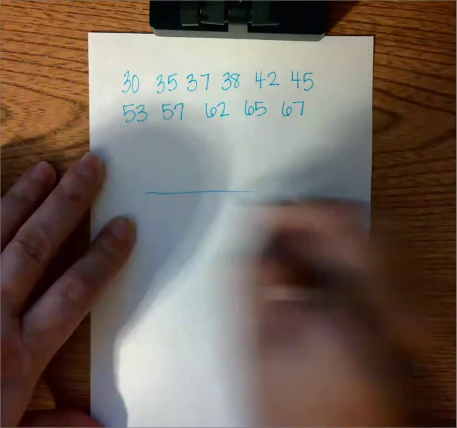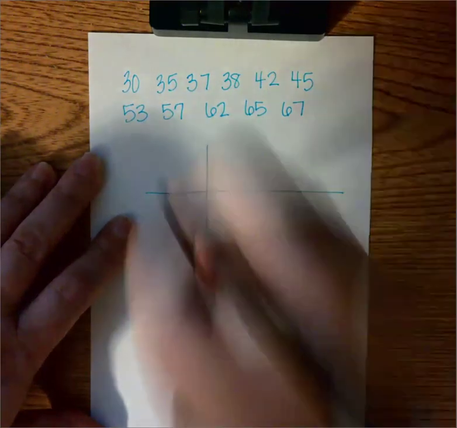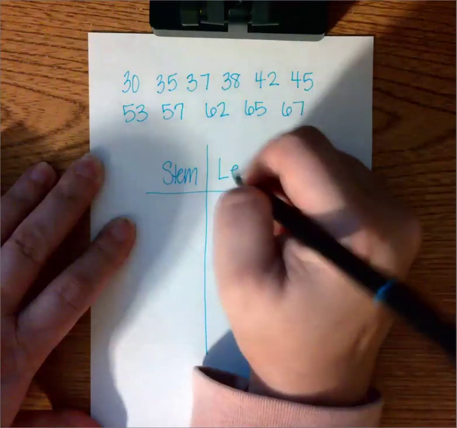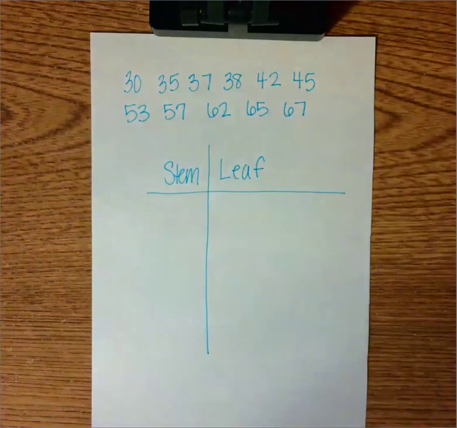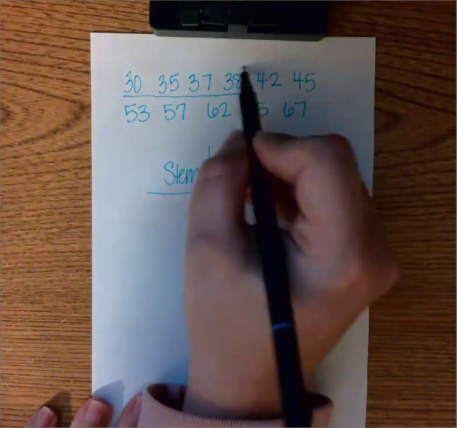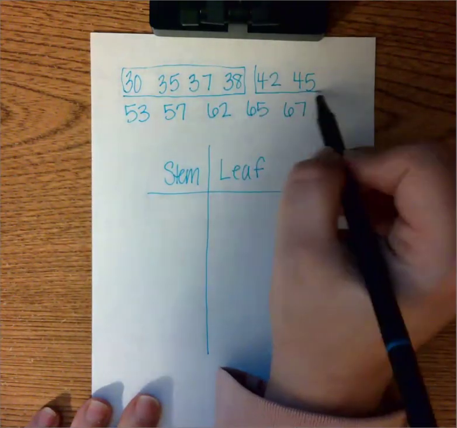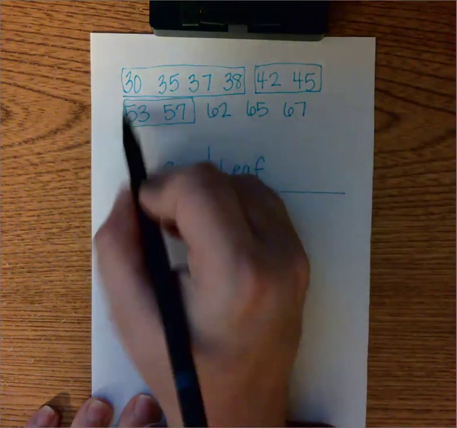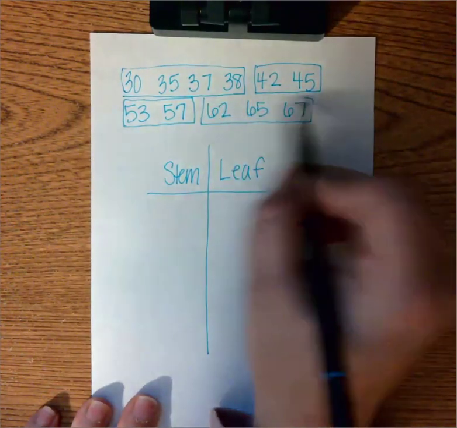So a stem and leaf plot is going to start out with a table that looks like this. We're going to put the stem here and the leaf or leaves here. The reason I suggest having the data in order is we need it in order for our stem and leaf plot. So I'm going to go ahead and put boxes around each of the categories: the 30s, the 40s, the 50s, and the 60s.